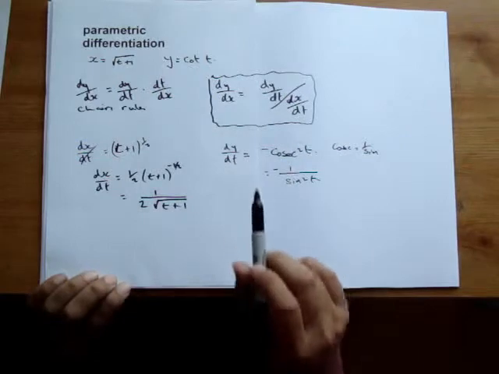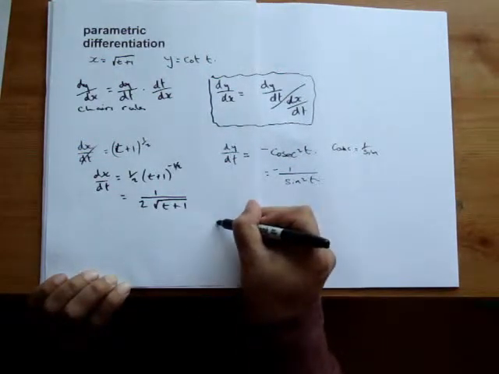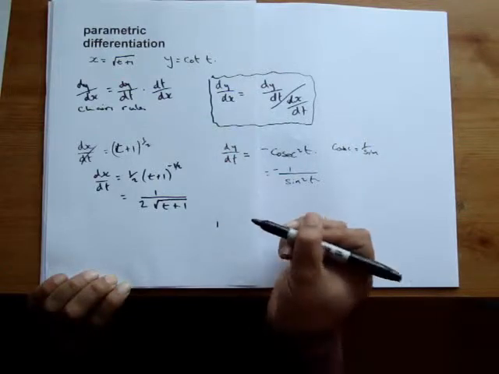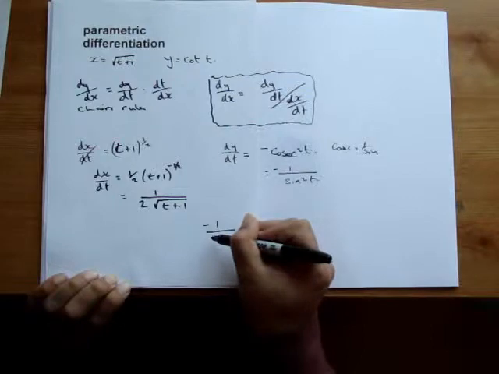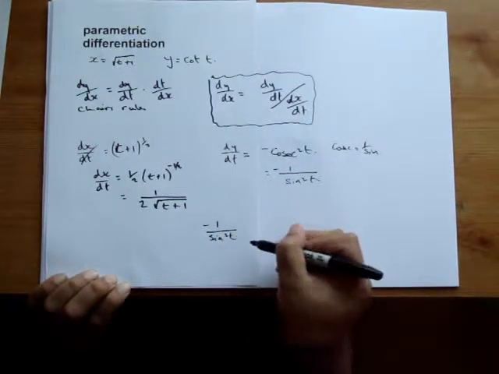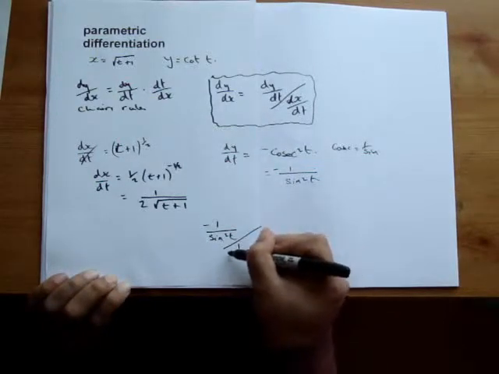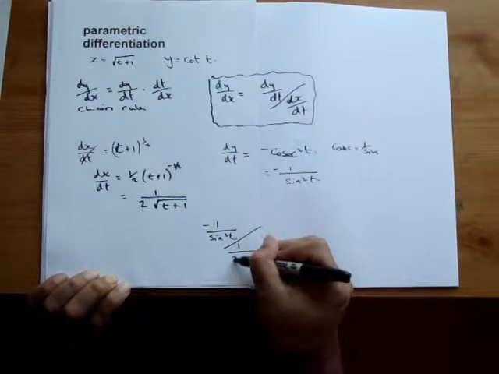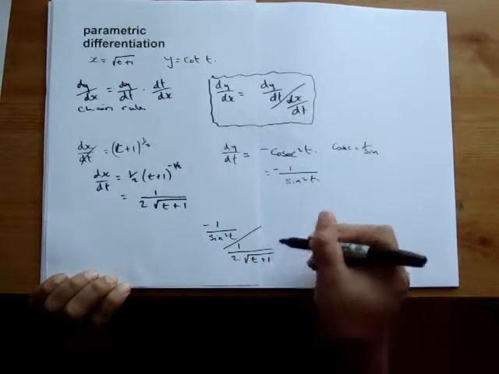So using the formula that we're going to use for the parametric differentiation, we get dy by dt, which is minus 1 over sine squared t, all divided by 1 over 2 square root of t plus 1.